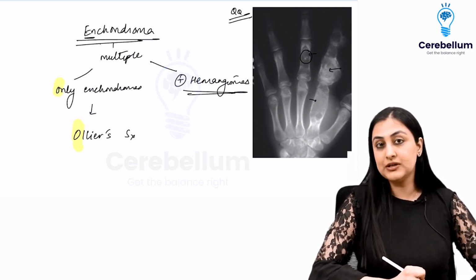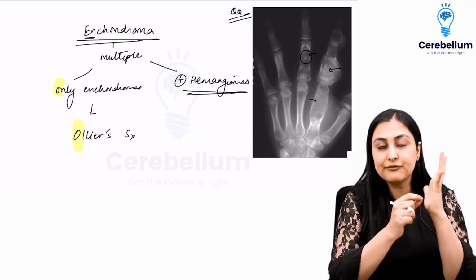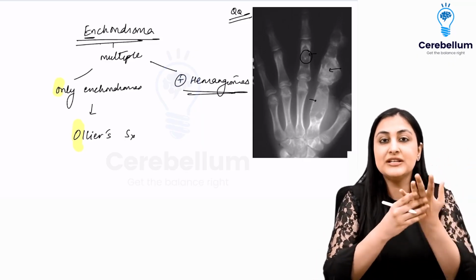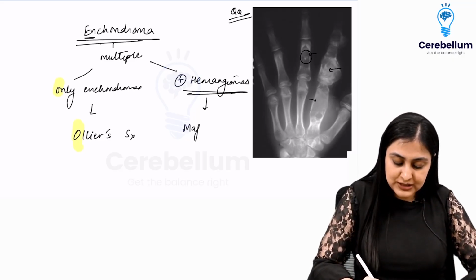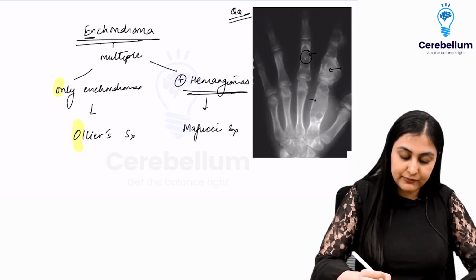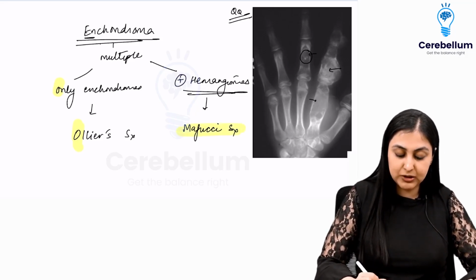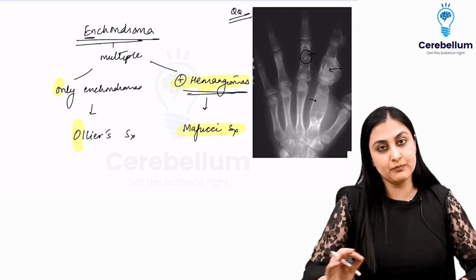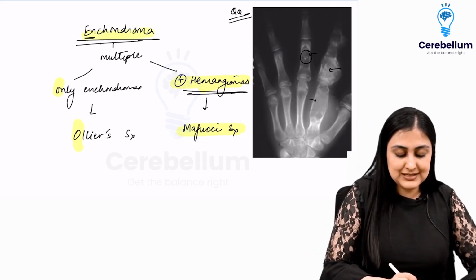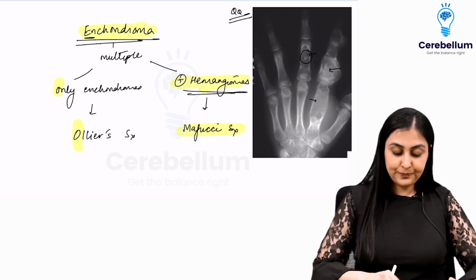Hemangiomas are vascular lesions. So when you see there are phleboliths, there are bluish lesions, they give you a clinical image, the syndrome becomes Maffucci syndrome. So that is Maffucci syndrome that you want to remember here when there are hemangiomas in addition to the bone tumors. Okay, so this is enchondroma.